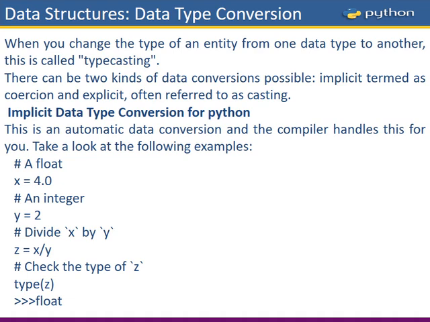So Python has automatically converted the data that has been assigned to z. We check the data type of z after the division result has been assigned to it, and we discover that it is a float type.